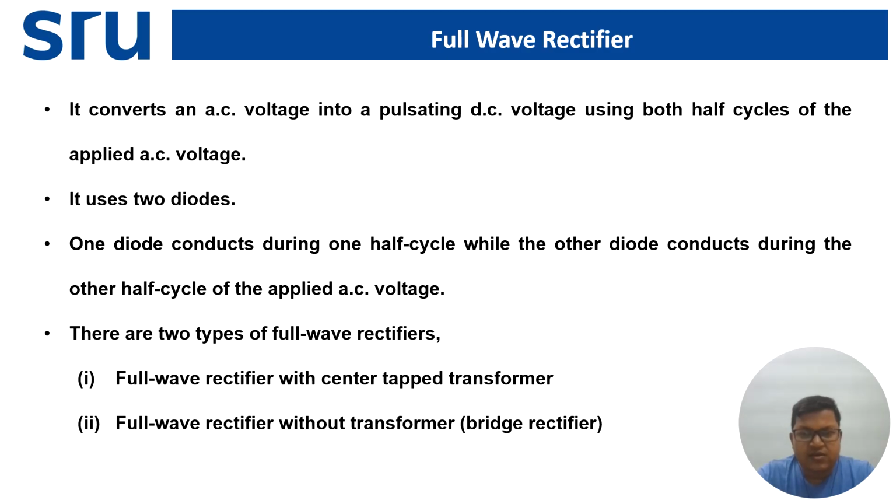As we discussed earlier, this will also be pulsating DC, obviously, because here we are not using any filters. In later videos we will see how we can make this more perfect DC by using different types of filters. But in this video we will discuss how we can design a full wave rectifier and how it functions.